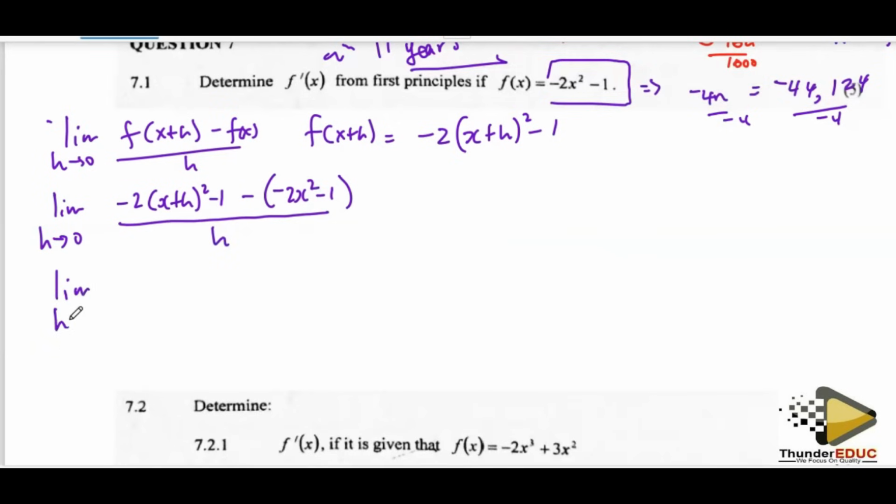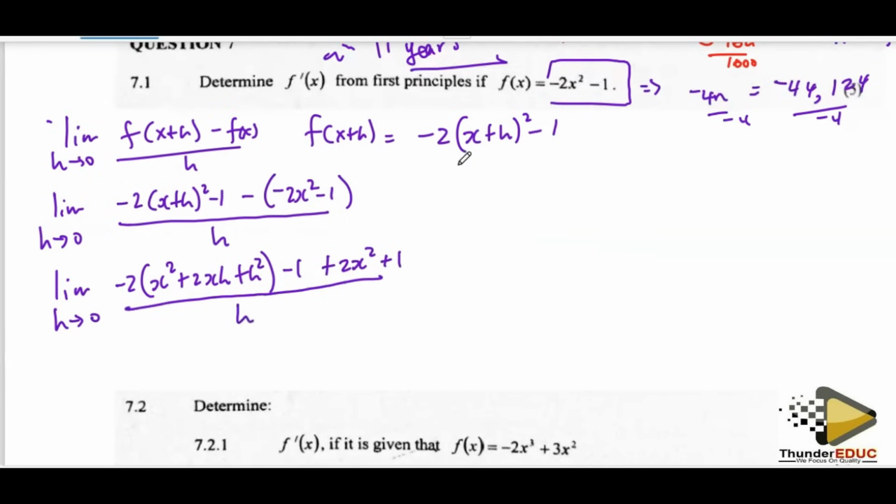Then we're saying the limit as h tends to 0. I'll open this up. I have negative 2 FOIL that: x squared plus 2xh plus h squared, minus 1. Open that, so 2x squared plus 1. Everything is over h. Now I move to the side, so still the limit as h tends to 0.